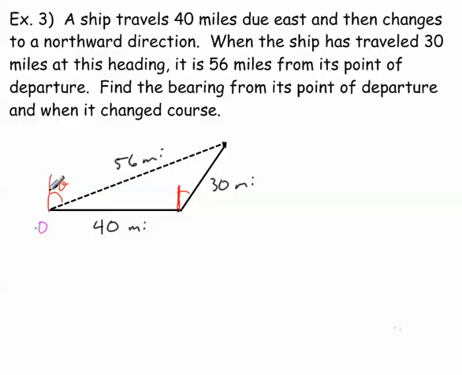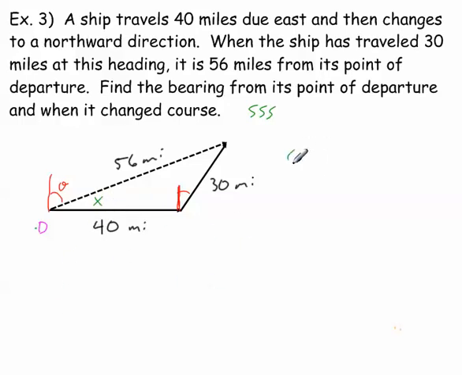If I want to find this first angle here, if I know this angle x, I can just subtract it from 90, and we can see in our triangle that we're given a side, side, side case. Now that right there gives us a law of cosines to use. So I'm going to first use the alternate form of the law of cosines to find that angle.